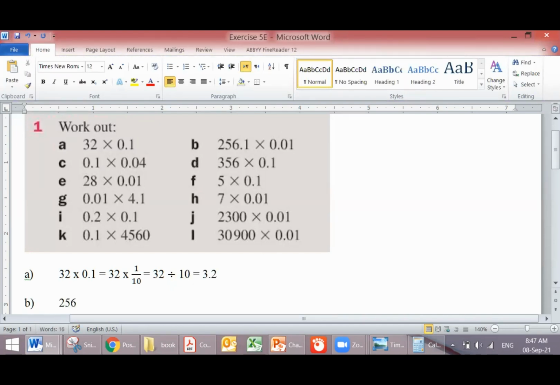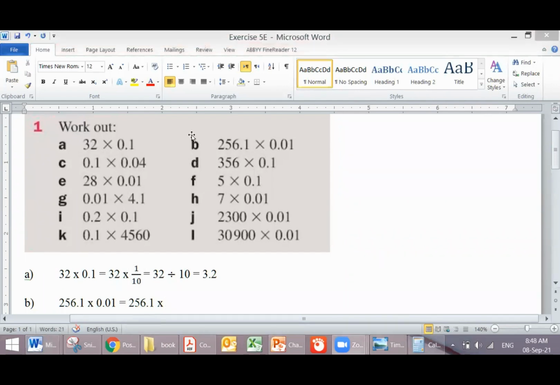So 256.1 multiplied by 0.01. So this value 0.01, I can write it in the fraction form as 256.1 multiplied by, so as I have just explained to you, how can I write it? Yes, Ahmad Ashraf, correct answer.